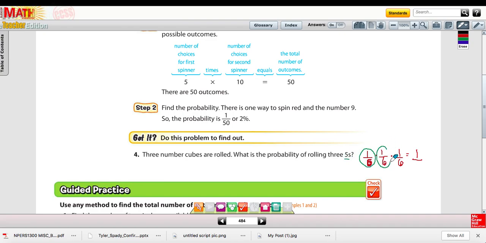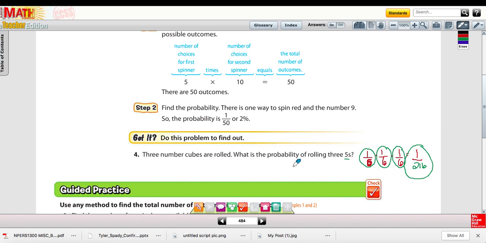On the second one, we have 1 out of 6 chance of getting a 5. And on the third one, we have 1 out of 6 chance of getting a 5. So the total is 1 times 1 times 1, which is 1, and 6 times 6 times 6, which is 216. You have a 1 in 216 chance, a 1 in 216th probability, of rolling 3 5s.